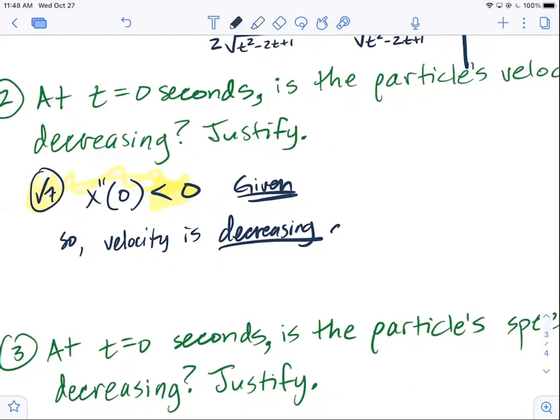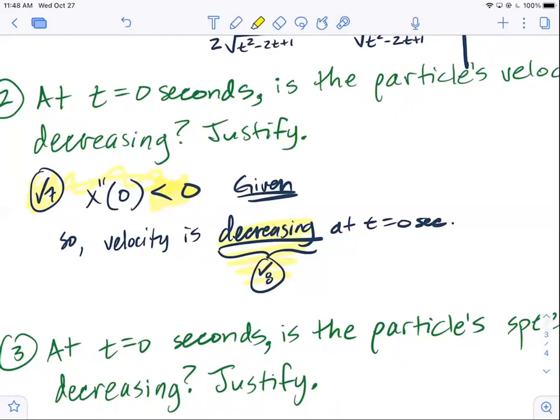So velocity is decreasing at t equals 0 seconds. And again, make sure that you're always being thorough. You don't just say it is decreasing, and you always reference the moment of time or the interval of time again. So that's preferable. X double prime of 0 is less than 0. Now, if you put x double prime of t is less than 0 for all t, that would also work because that encompasses 0.